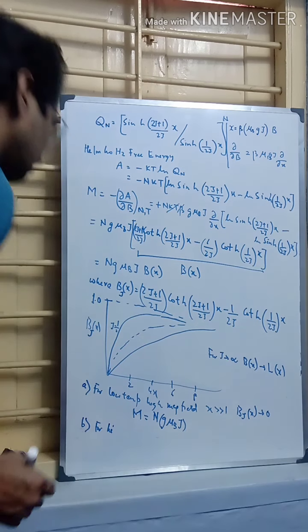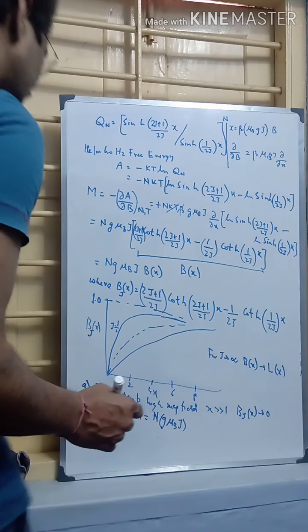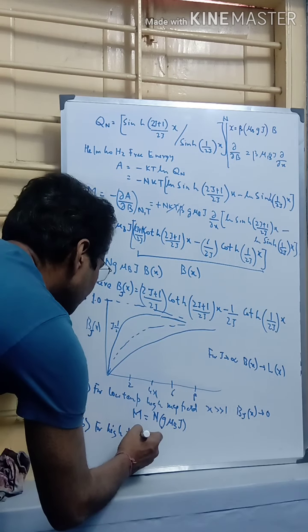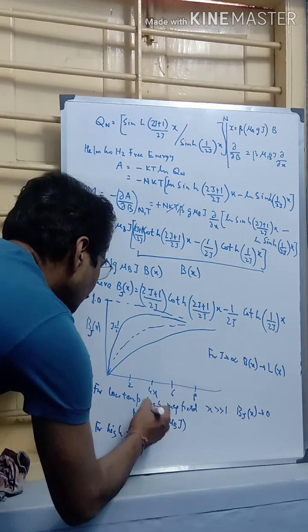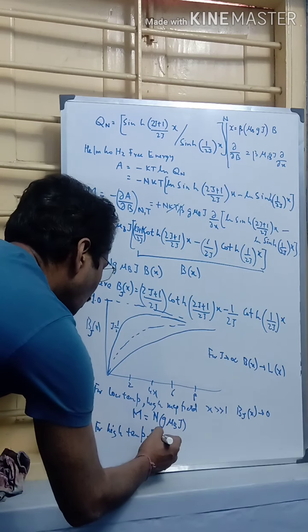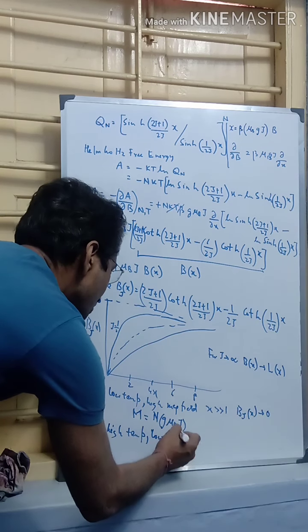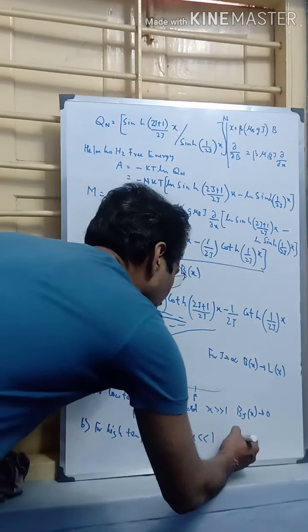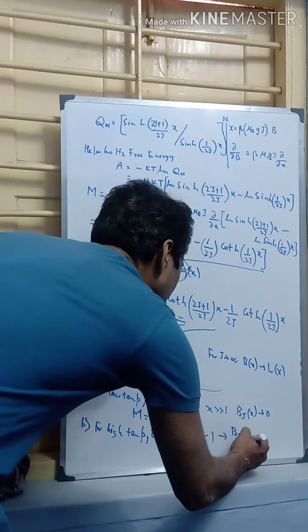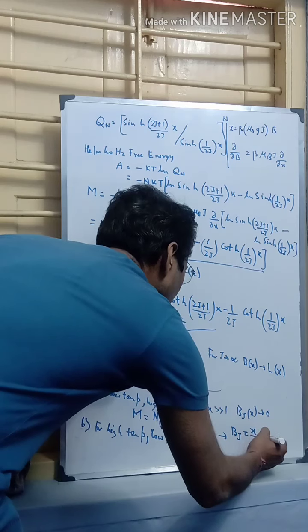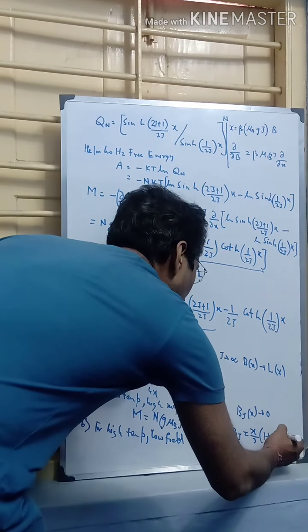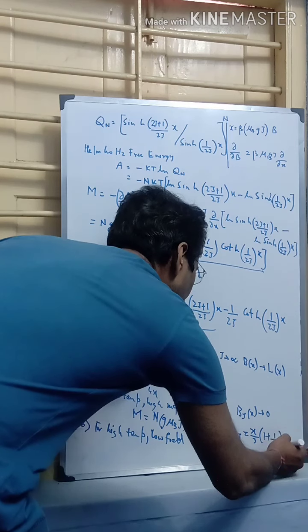The second case is high temperature, low field, x is much less than 1. In that case, B_j is equal to x by 3 into (1 plus 1 by j).